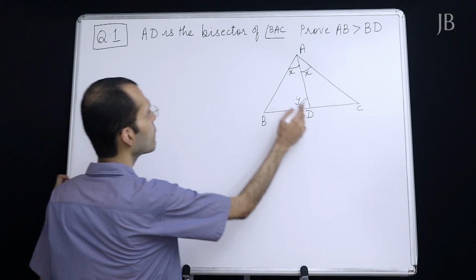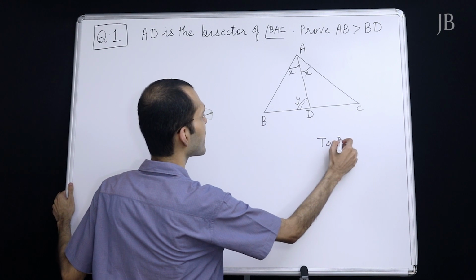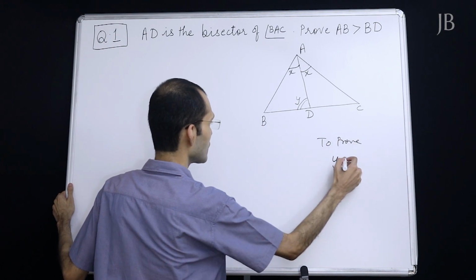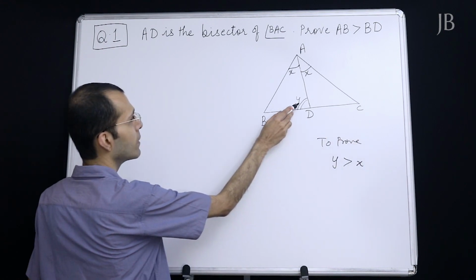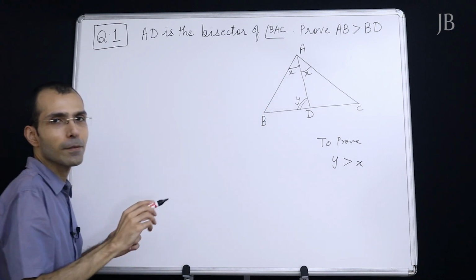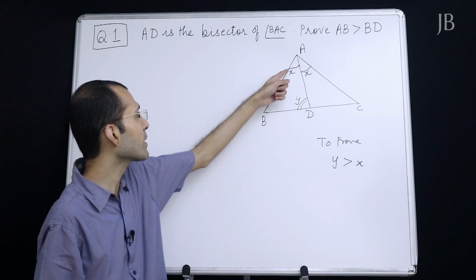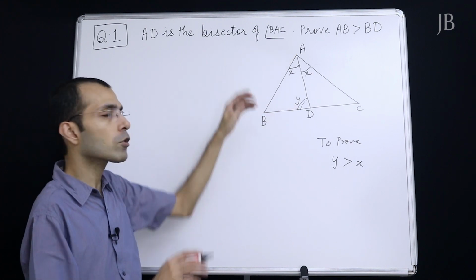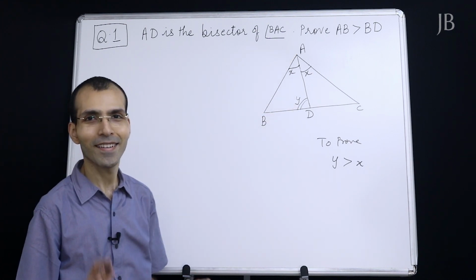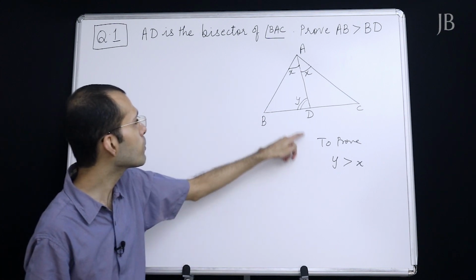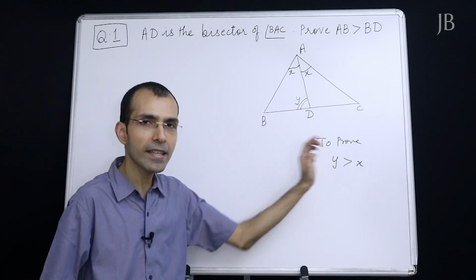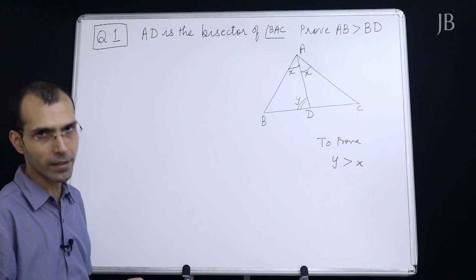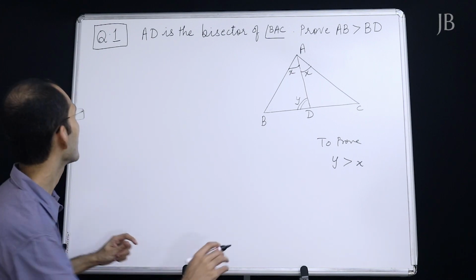We will have to prove Y greater than X. We will have to prove this angle greater than this X. Because if we can prove this angle greater than this angle, the side opposite to this angle will automatically become greater. So the problem boils down to proving Y greater than X. Now how to prove it? Very simple.